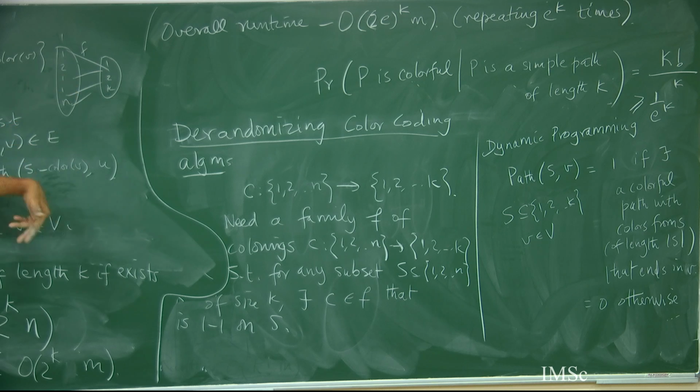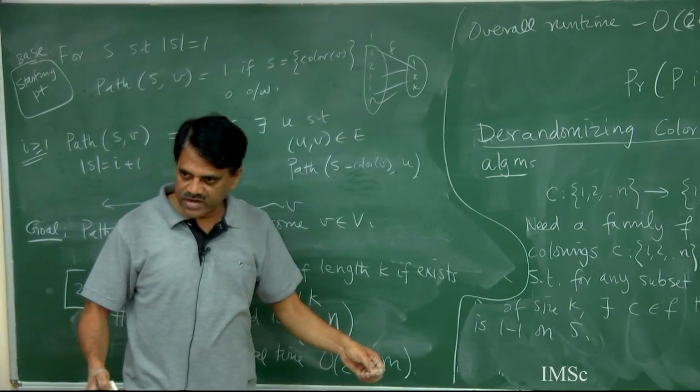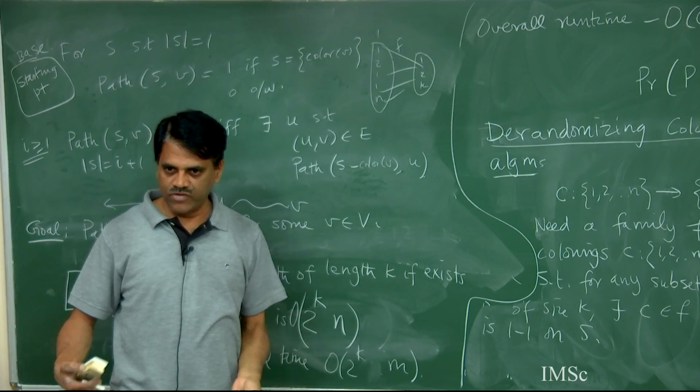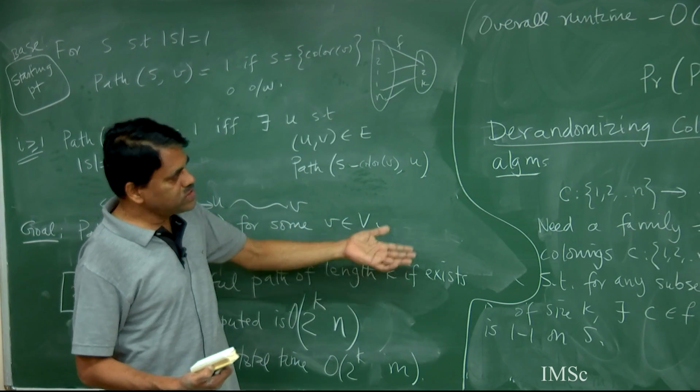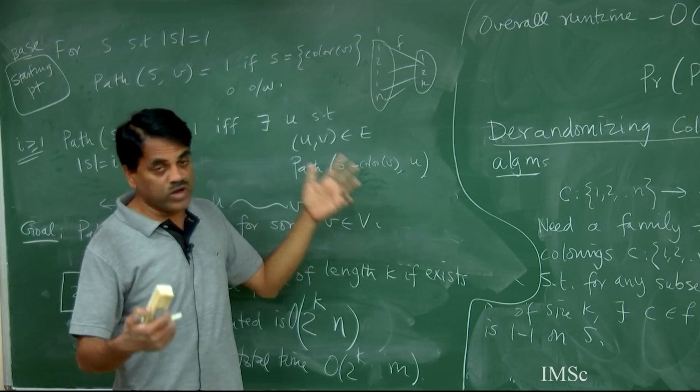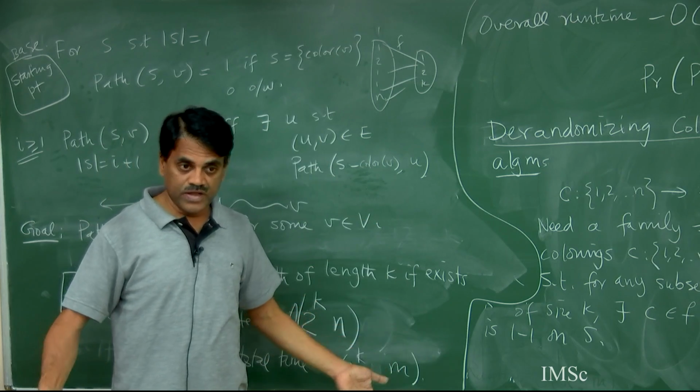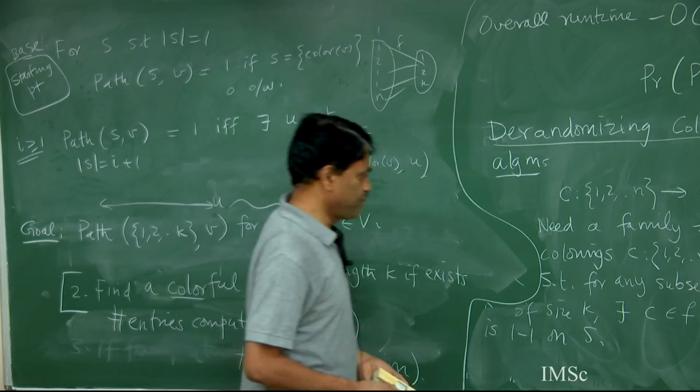If I have such a family of functions, that is good for me. Then I try these functions one by one, and if the original graph has a simple path of length k, that subset, one of these functions will map it injectively, and the colorful path algorithm will find it. So I want such a family of functions of small size, in particular if I want an FPT algorithm.